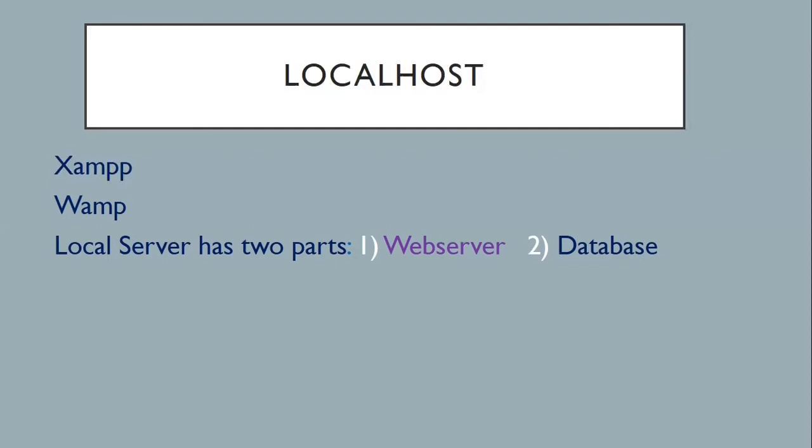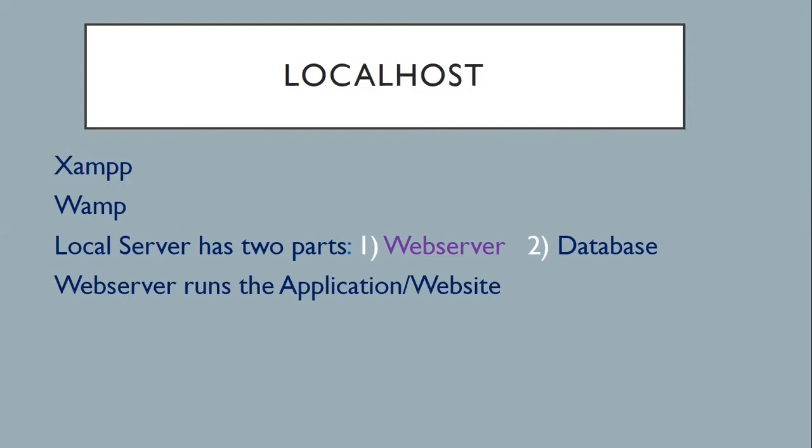A server or local server has two parts. One is the web server, second one is the database. Here you need to understand one important point. The web server doesn't only run your website, it's also used to run the application. It may run API.